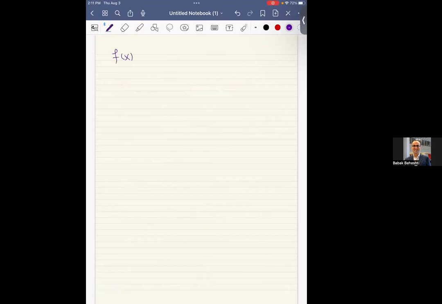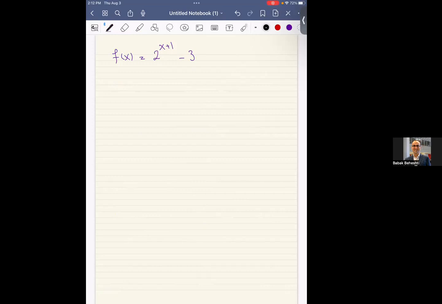So I want to look at f of x equal to 2 to the power x plus 1 minus 3. So now what is the horizontal asymptote? y equal to -3. That's right.